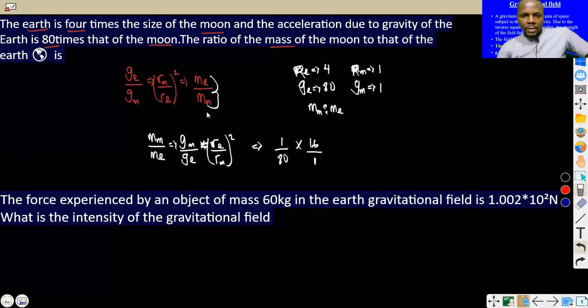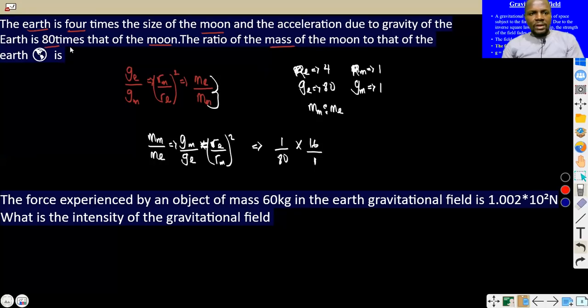I said mm over me is equal to gm over ge, yes, is equal to re over rm. The radius of the Earth is 4 times the radius of the moon, so the radius is correct.